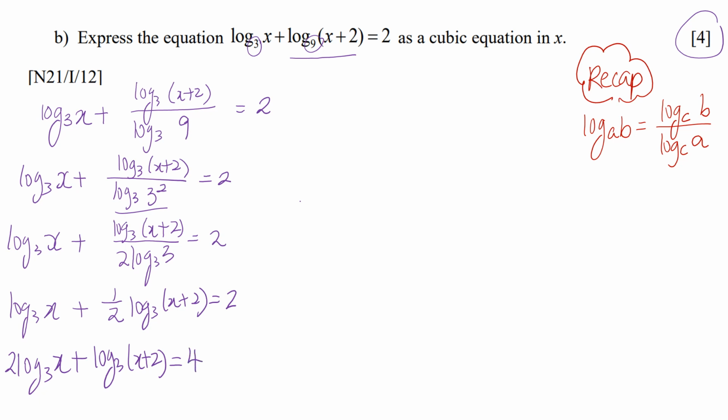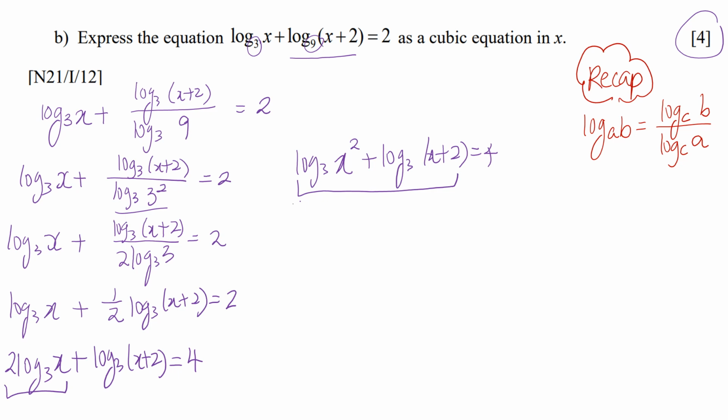Then the next thing is that I'm going to apply the power law to this. So I would end up getting log base 3 of x squared, and of course I can apply my product law.